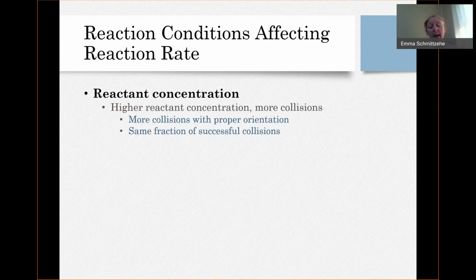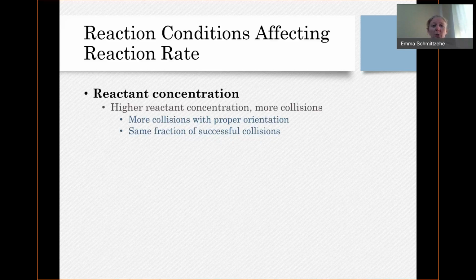Now, why is that? Well, if you add more reactant or increase the concentration of the reactant, then you're going to get more collisions because there's more stuff there. There's more stuff in a given amount of space, and if there's more stuff moving around in that space, it's going to run into each other more. So you have more collisions. If you have more collisions, you're going to have more collisions that have a proper orientation.